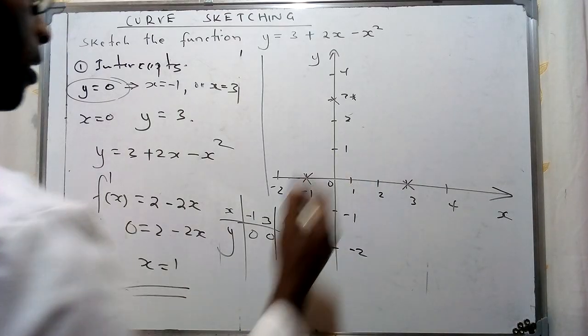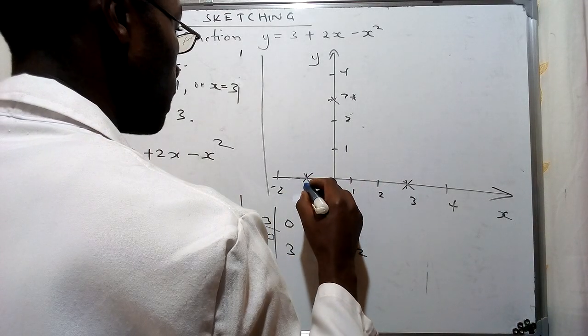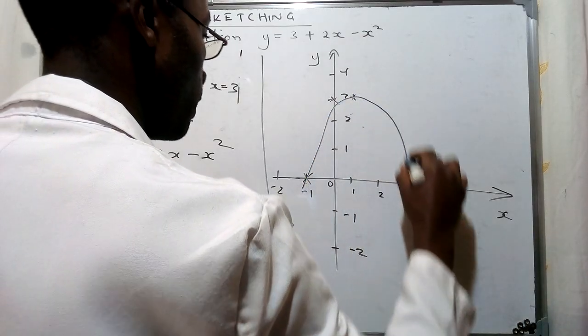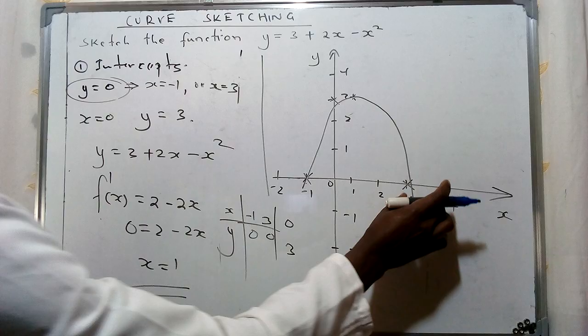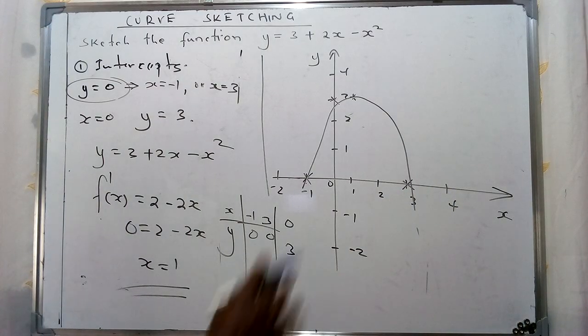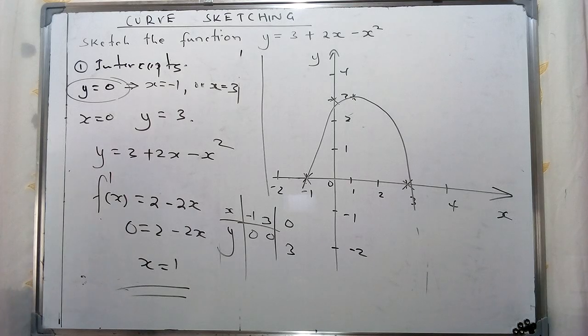The curve is going to appear in this particular form, passing through these points. So this is roughly how we can sketch the curve of the function which we have defined, and this constitutes what we refer to as curve sketching.